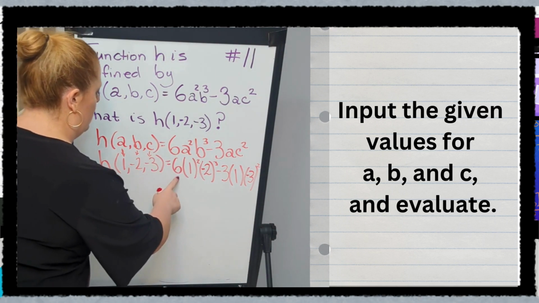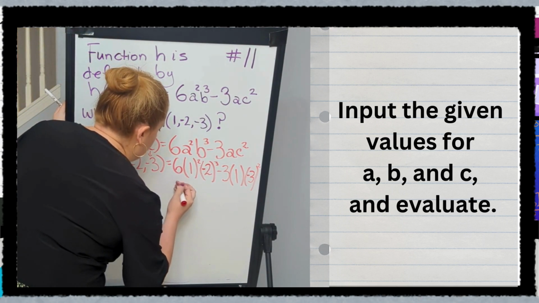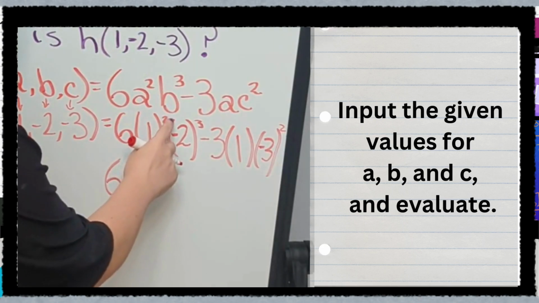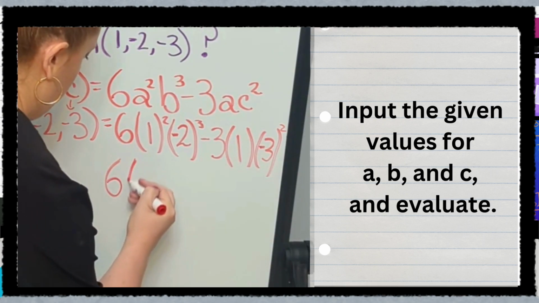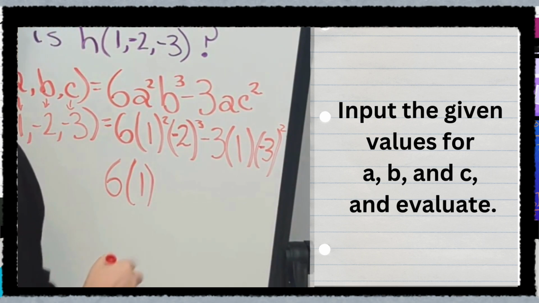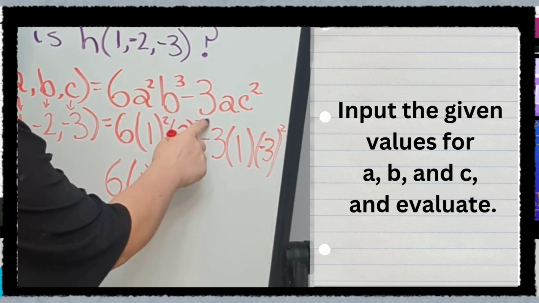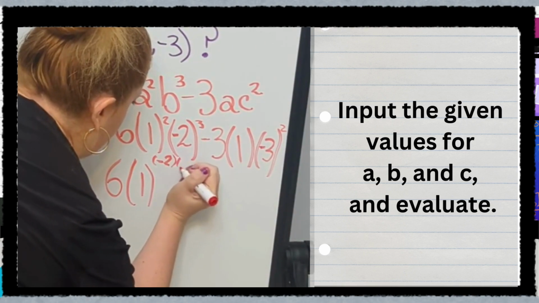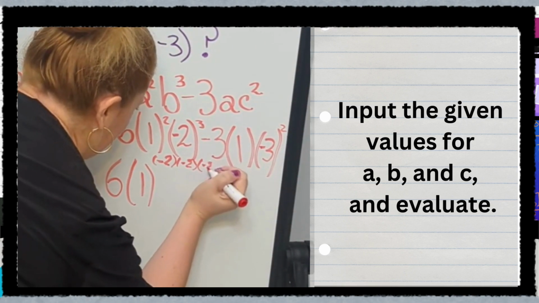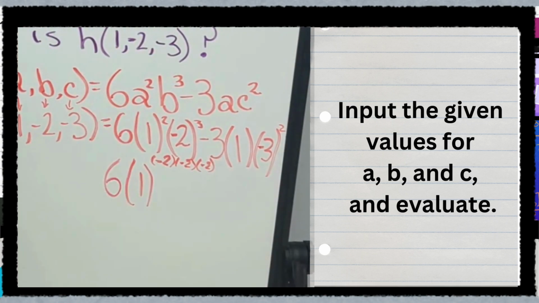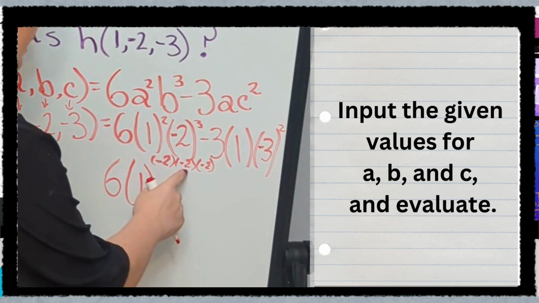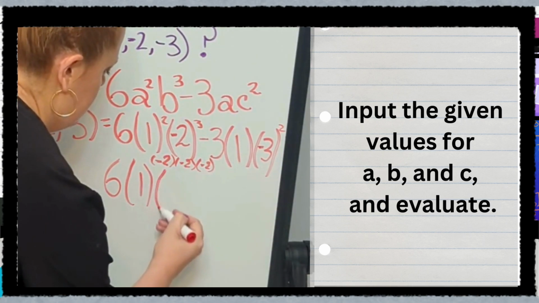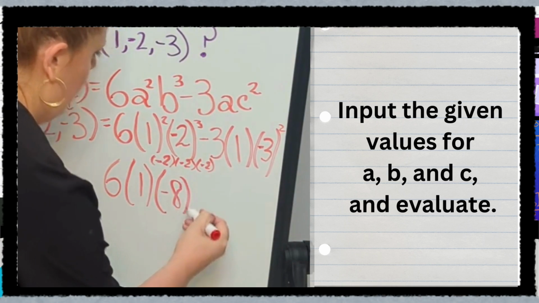So let's see here. We're going to bring the 6 because it doesn't have an exponent. 1 squared. Come on, guys. That's a freebie. -2 cubed. -2 times -2 times -2. So -2 and -2 is 4 times -2 is -8.